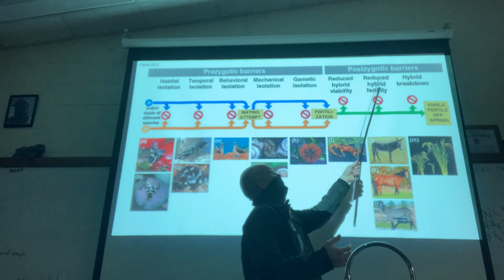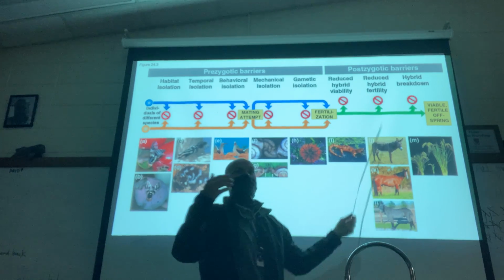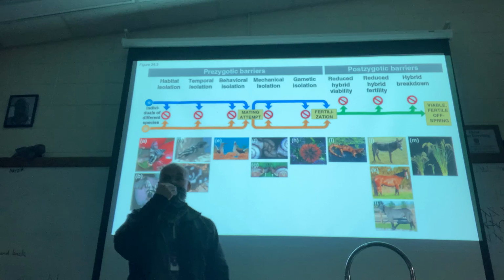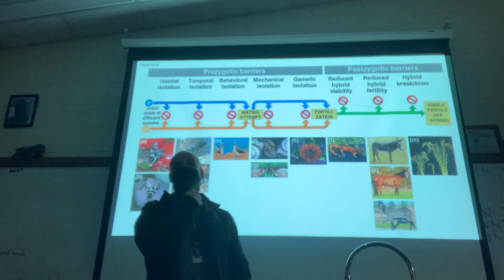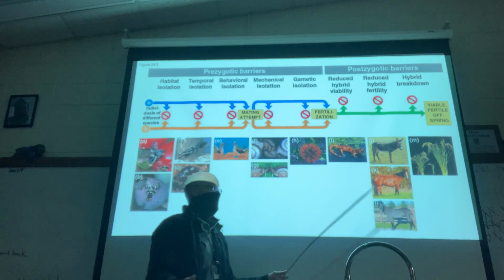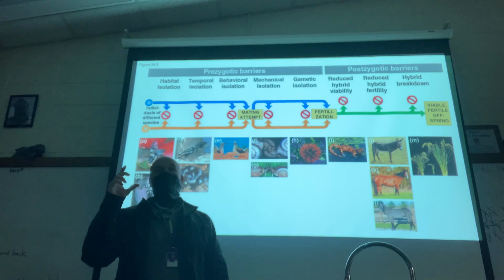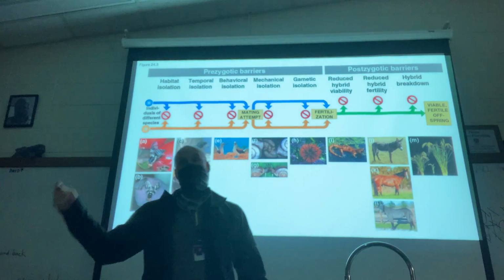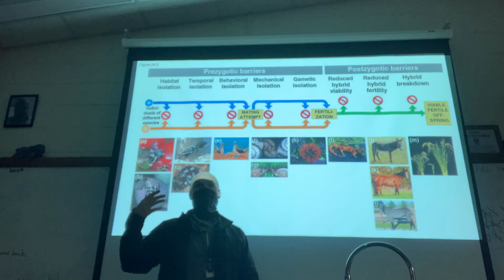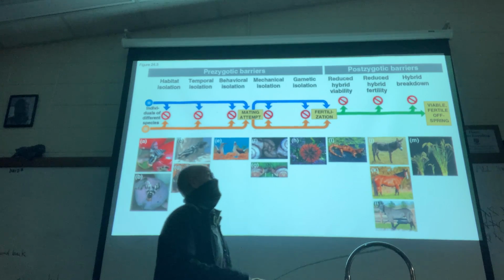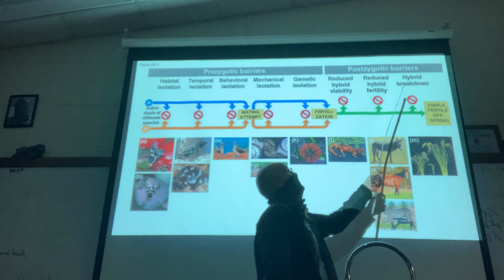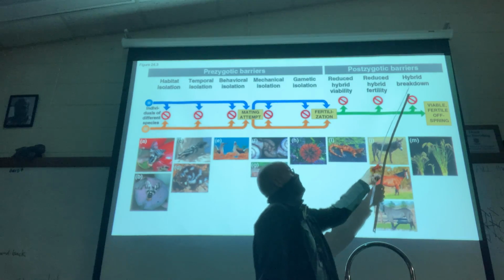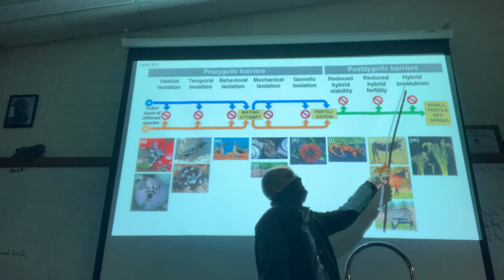You can have situations where the baby is born, but the babies, like in the case of the mule, are not capable of reproducing. They have fertility or sterility issues. And then finally, you can have a situation, and they see this in plants a lot.